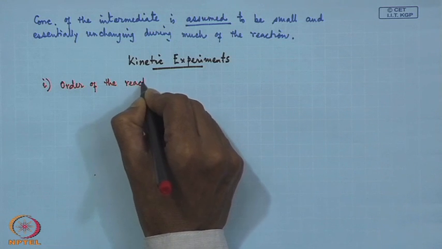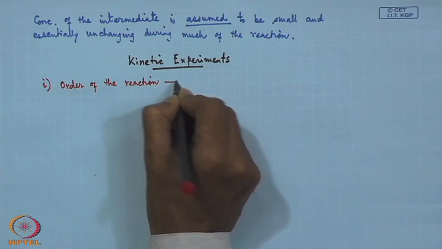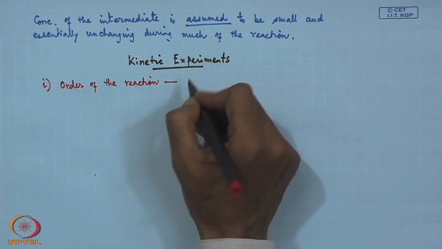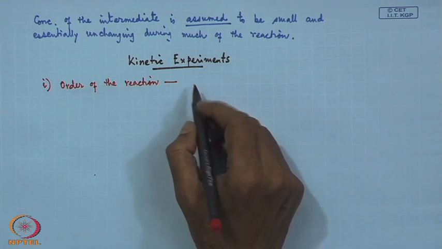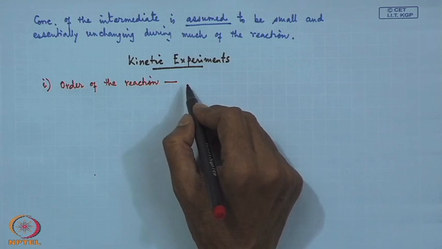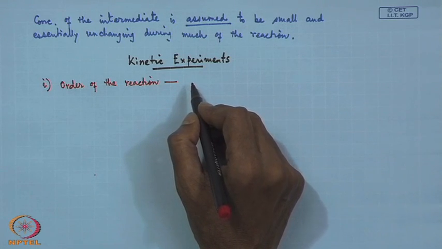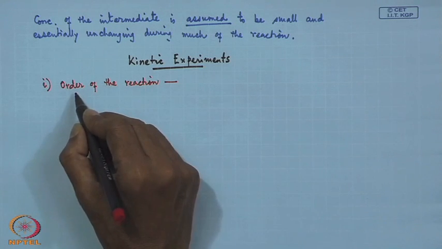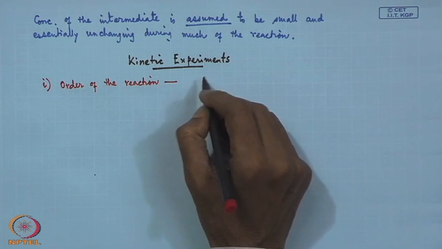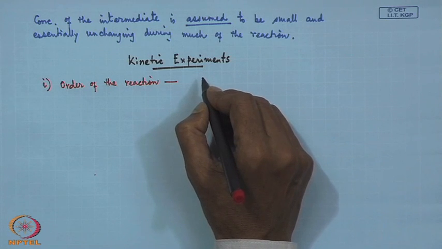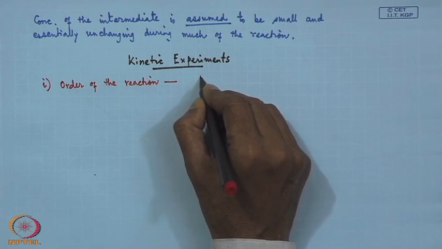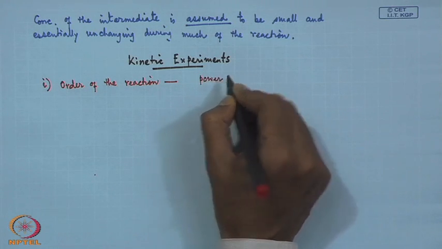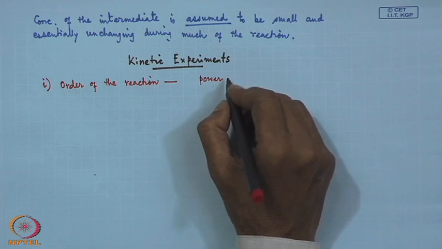In that case we have the concentration of the metal ion, the concentration of the ligand and the concentration of the metal complex form, and the corresponding reactant concentration. How we find out the order depends on the power of the reactant concentration, and how it is dependent on the rate of the reaction.